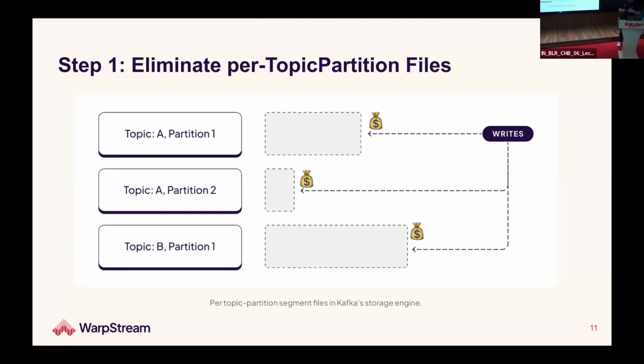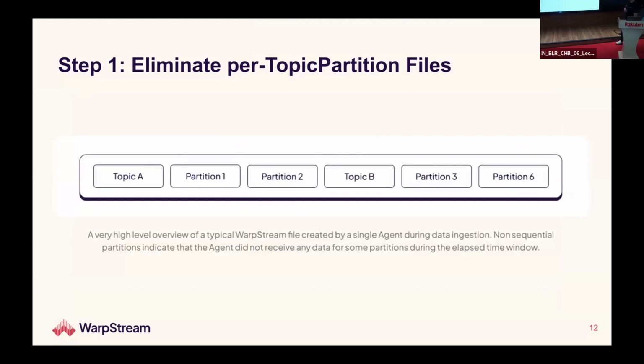And so the big thing with the WarpStream storage engine, the thing that we're always trying to do, is decouple the number of topic partitions in your cluster from the number of S3 API operations that we perform. And so the way that we do that is that instead of making segment files per topic partition, the agents make one segment file every 250 milliseconds, and that segment file contains batches of data from every topic partition that the agent received data for in that 250 millisecond window.